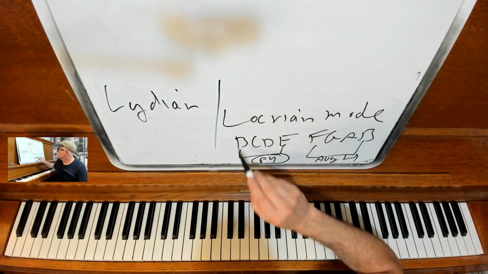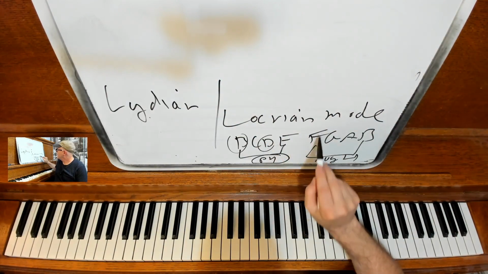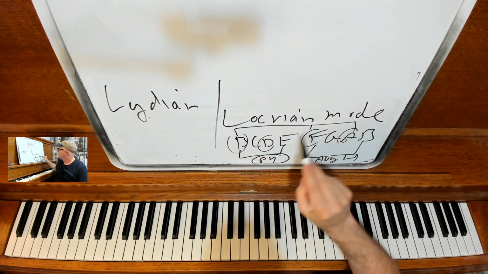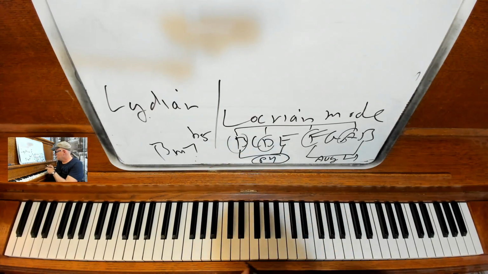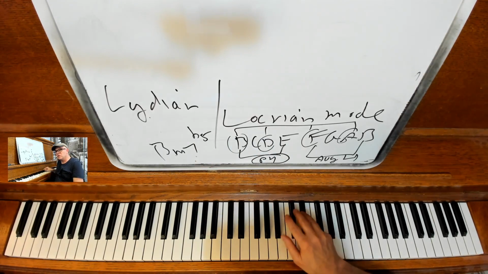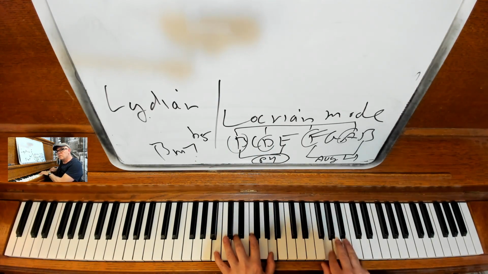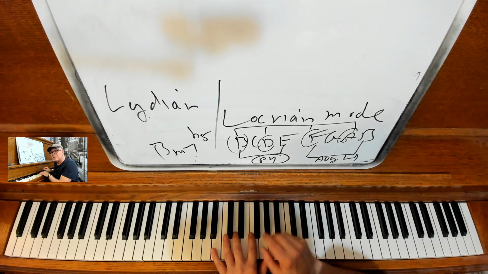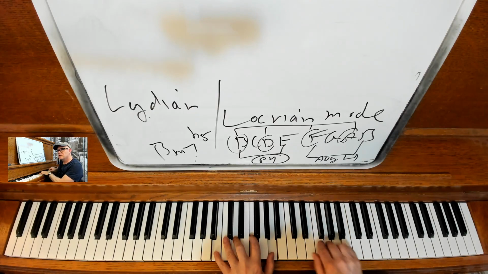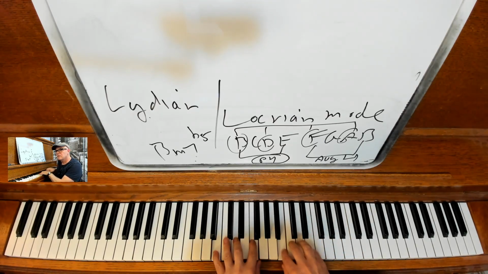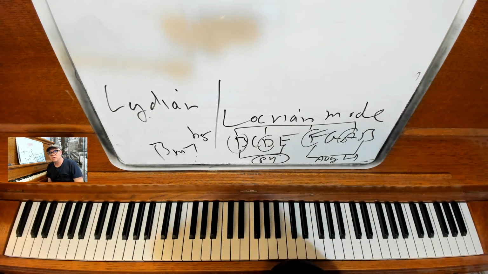So listen: B, D, F, A. What is that? That's B minor 7 flat 5. That is the scale you would use when you see a minor 7 flat 5 chord.